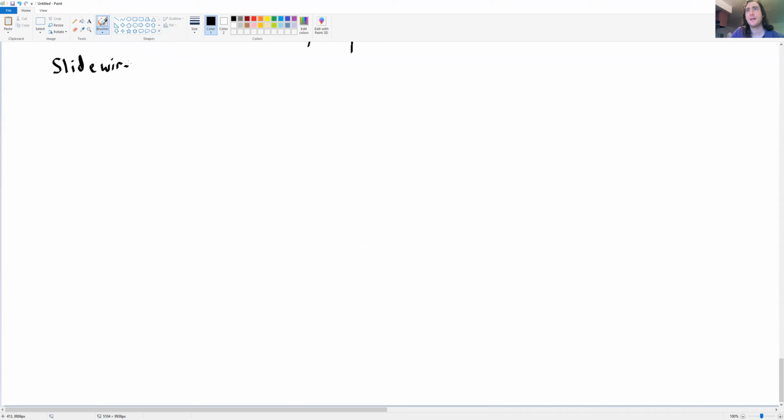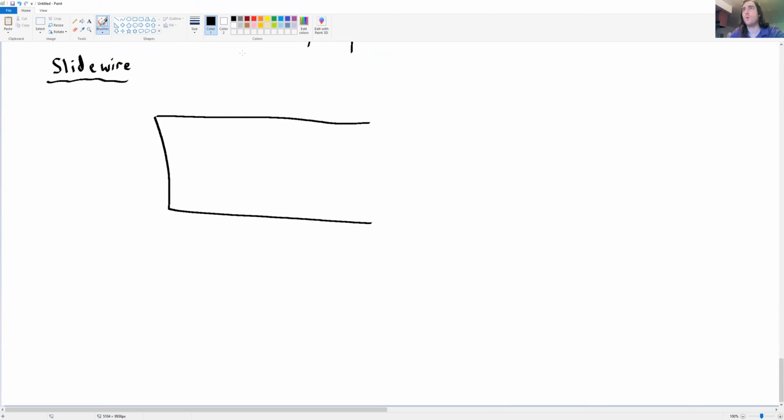Sometimes you'll see rail guns with this kind of schematic. But essentially what it is, we have a situation where we have some wires here like this. And then we have a bar which makes contact with those wires.